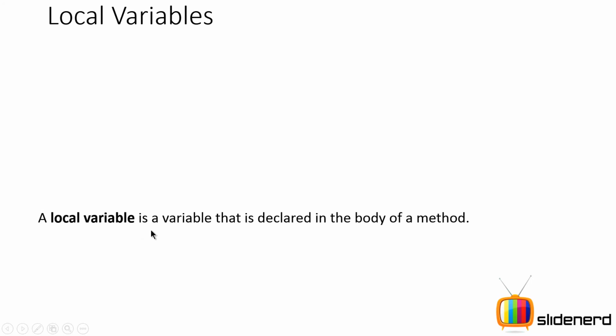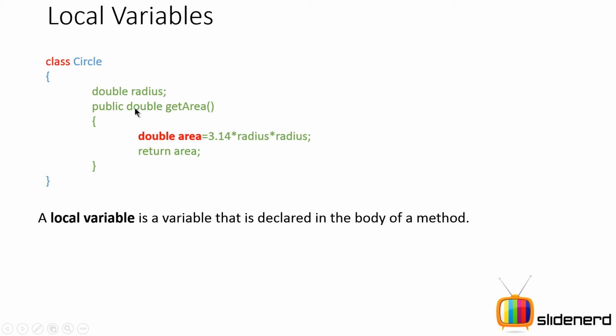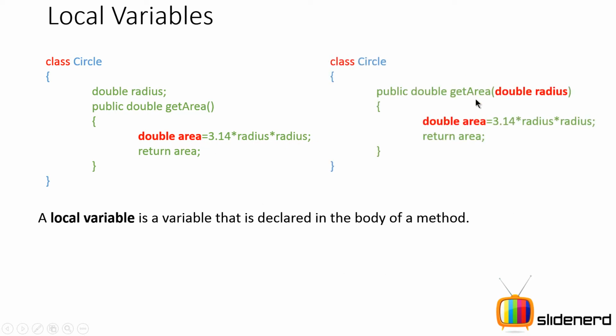A local variable is any variable that is declared inside the body of a method. In my case here, in double getArea, if I say double area = 3.14 * radius, this becomes a local variable. Here, what I have is another type of local variable called a parameter variable. If you notice this double radius, anything inside the method header within its parentheses that acts as the parameters of that method becomes a parameter variable.